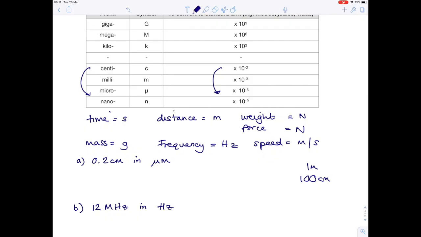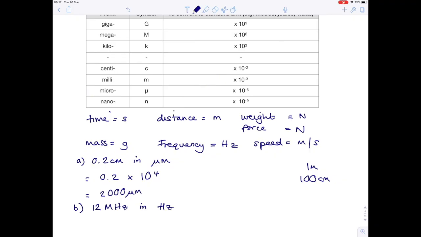And if we actually look at centimeters compared with micrometers, hopefully you can see the same thing, that you're going to have far more micrometers than centimeters, which is why we do 0.2 times 10 to the, and you can see the difference here is 10 to the 4. So we're going to do times 10 to the 4 to get an answer which is 2000 micrometers.